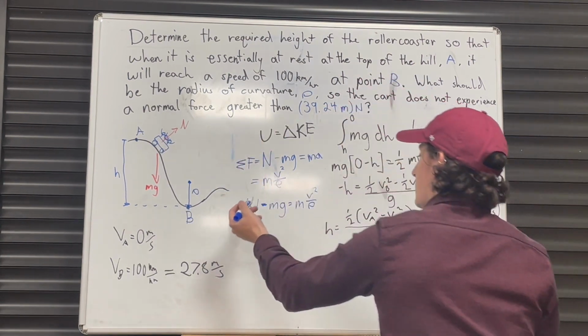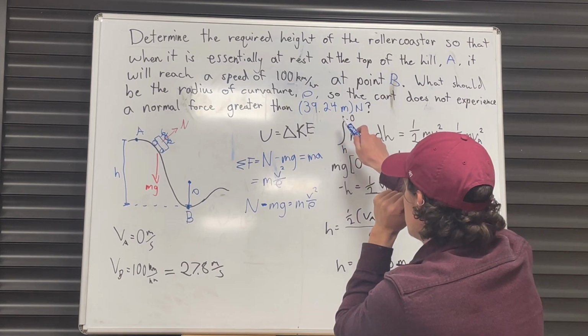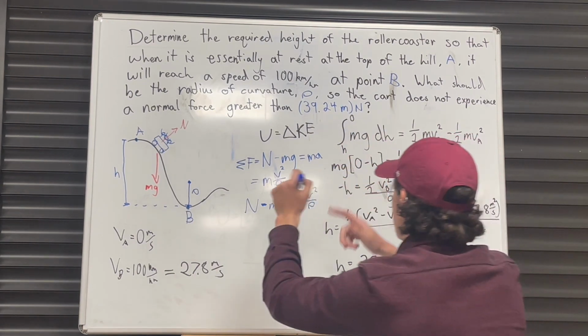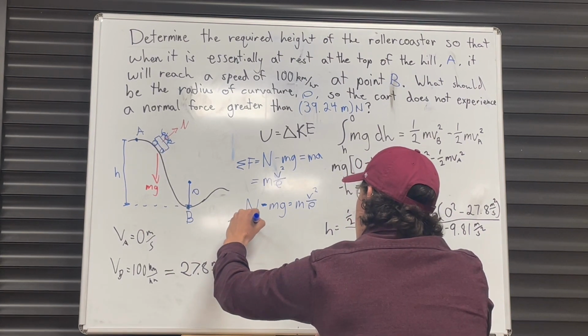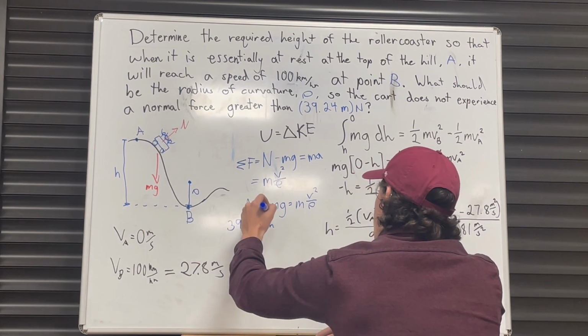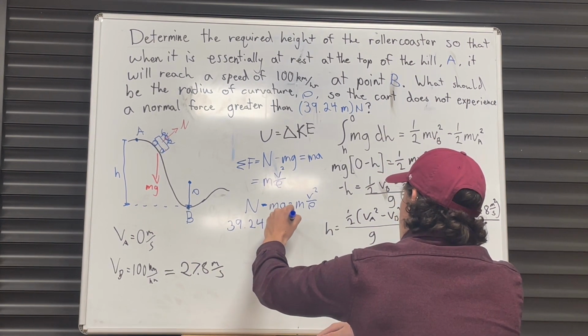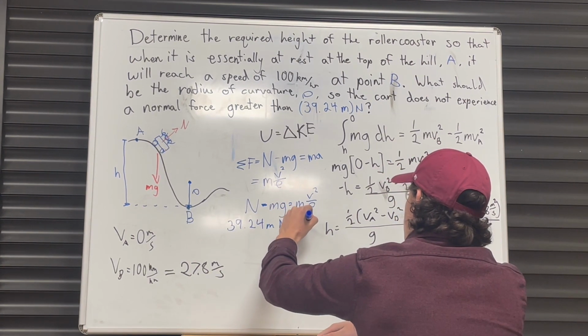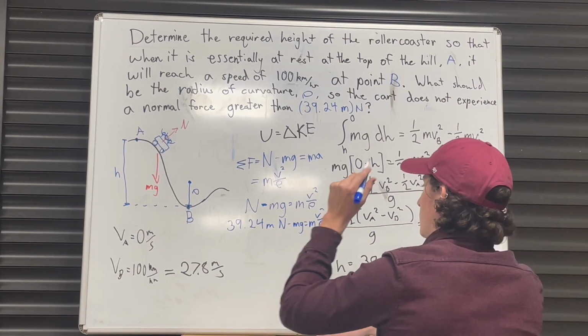And the max value for N is 39.24 times m. So we can plug that in: 39.24 m newtons minus mg equals mv squared over rho.